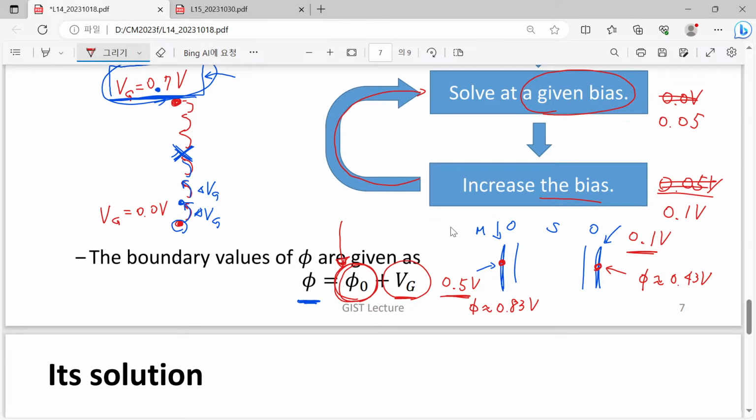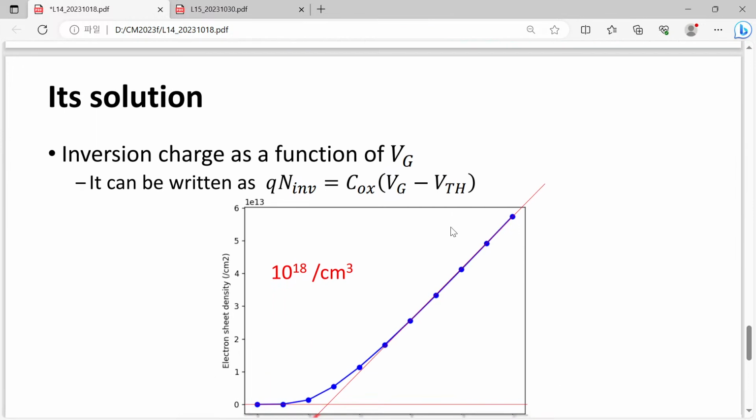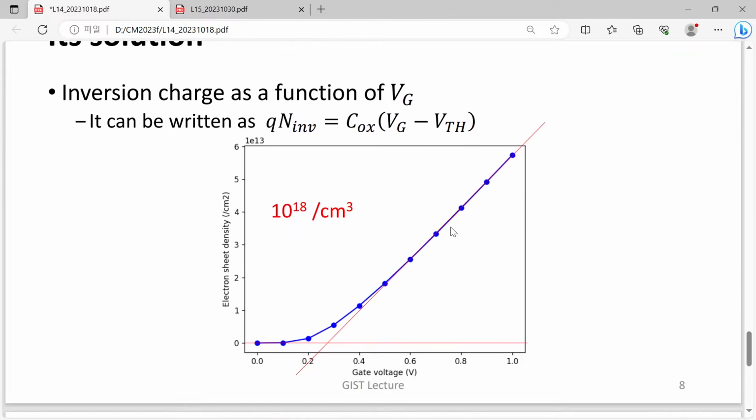Now when you have a look at its solution, you can draw this graph. This graph is quite important. Starting from gate voltage equal to 0, we just increase the gate bias slightly.